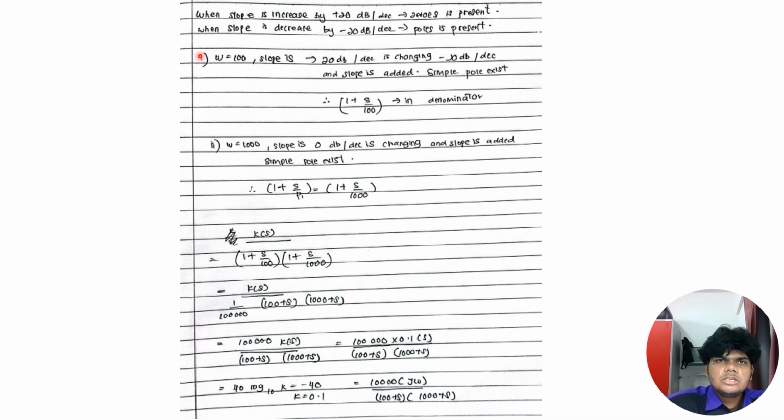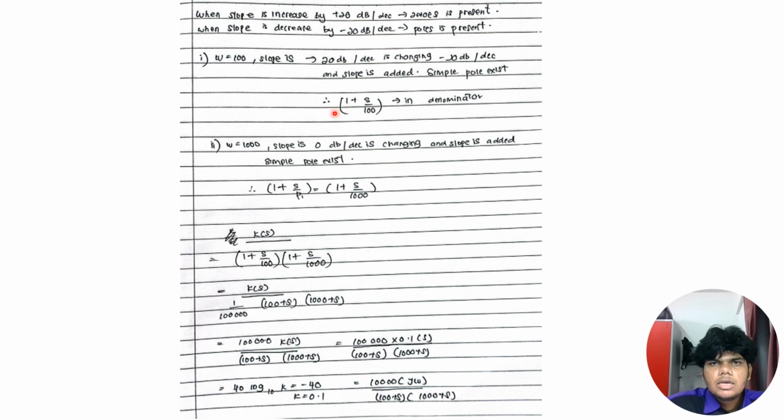So for the 100, the slope of 20 dB per decade is changing to negative 20 dB per decade, and the slopes are added. So this brings us a phenomenon called simple pole action.